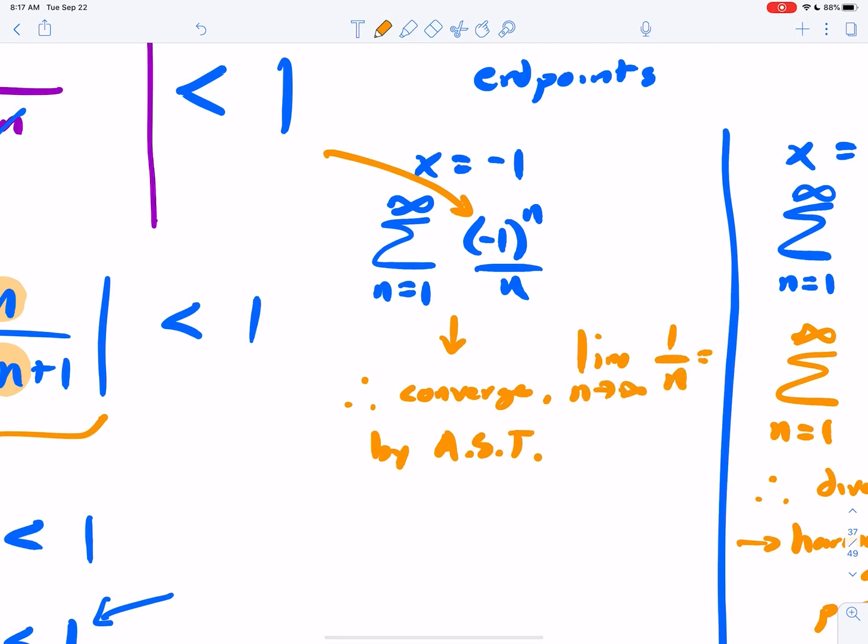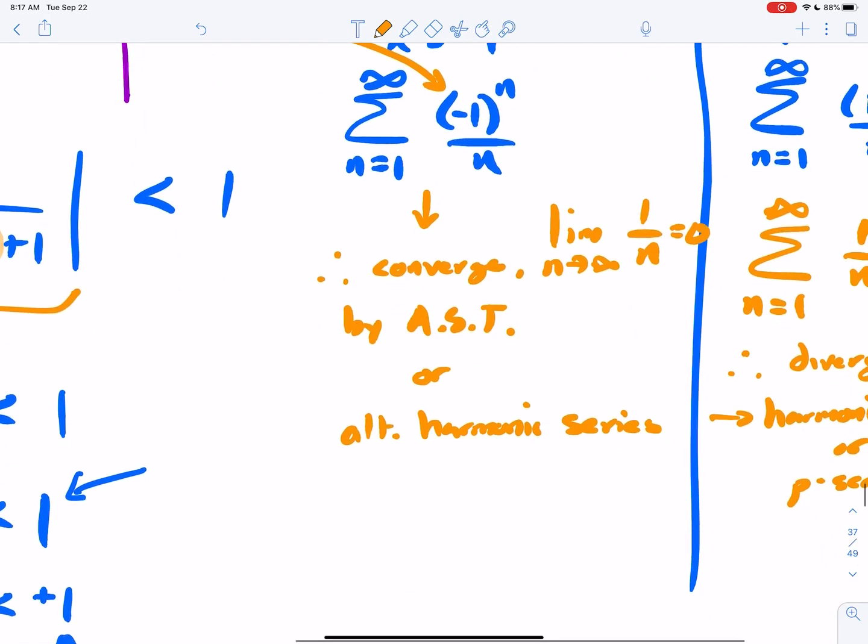We find out that that goes to 0, which is enough to show that it converges by the alternating series test. Or you could easily say that this was an alternating harmonic series. I told you guys before that these 2 series pop up very often, and it's common knowledge to the AP readers that alternating harmonic series converge.